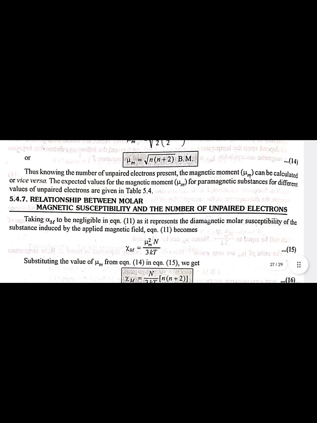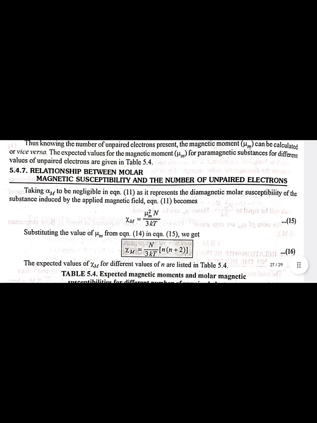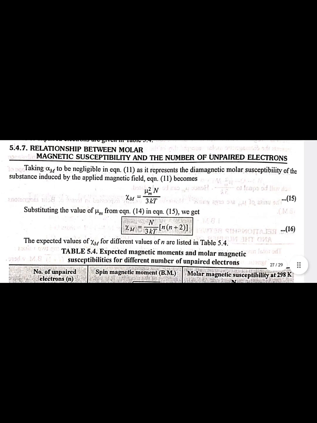Equation 14. Thus, knowing the number of unpaired electrons present, the magnetic moment mu m can be calculated, or vice versa. The expected values for the magnetic moment mu m for paramagnetic substances for different numbers of unpaired electrons are given. Relationship between molar magnetic susceptibility and the number of unpaired electrons.